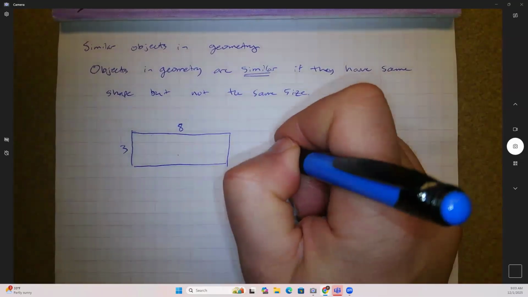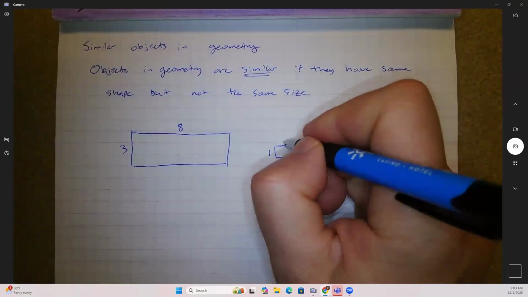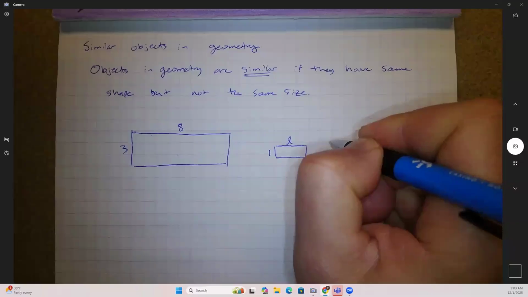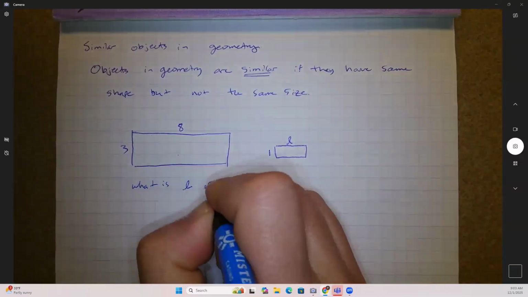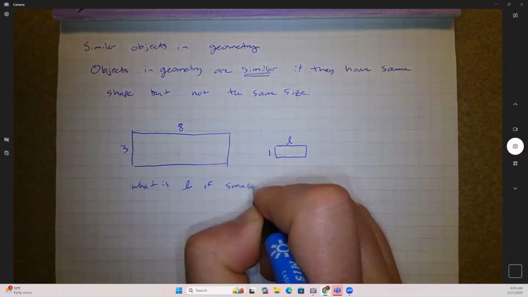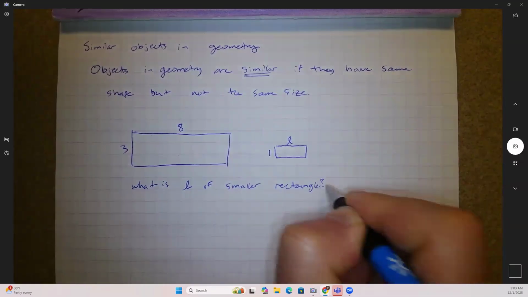So if that's like a 1 right there, and I'm looking for the length, what is the length of the smaller rectangle?